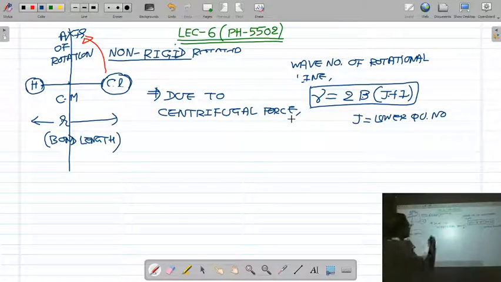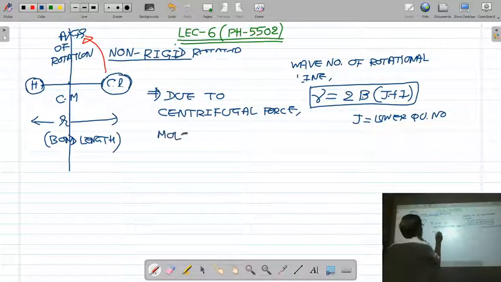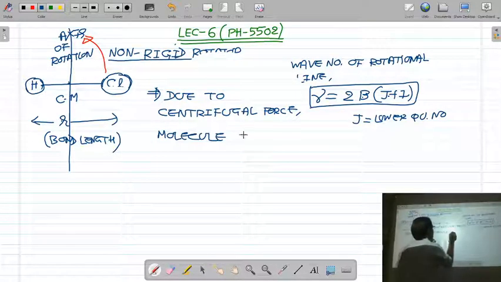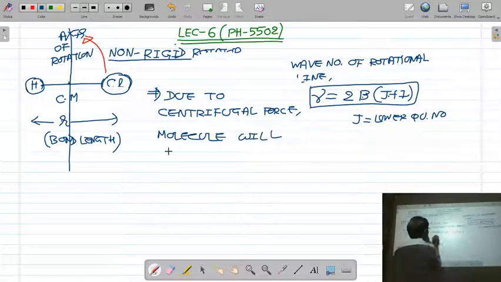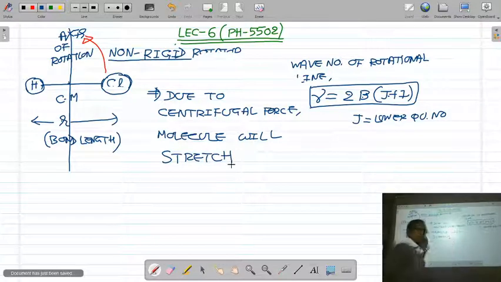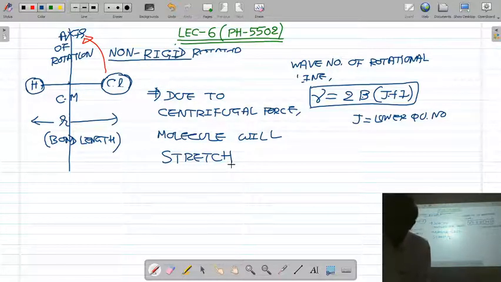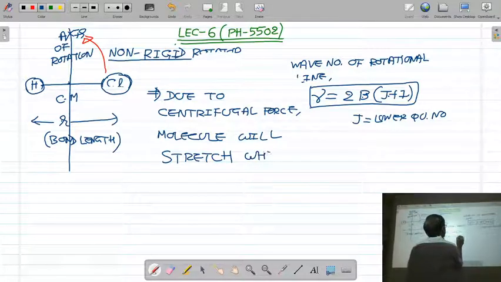the molecule will stretch while rotating.